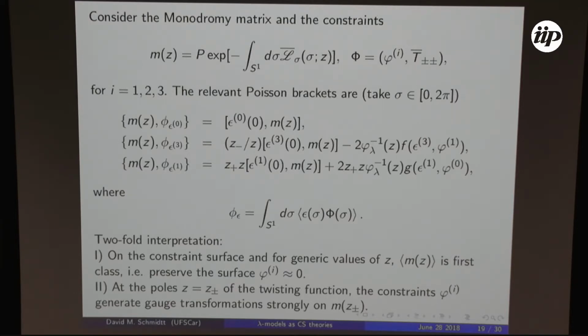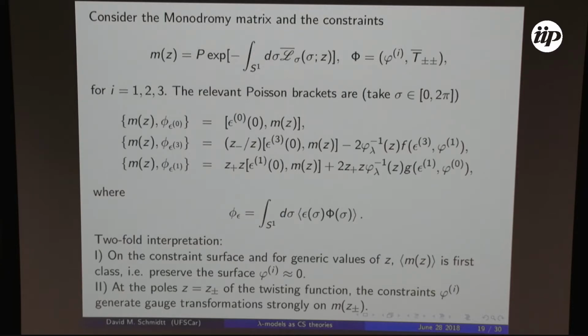The constraints along grade 0 generate gauge transformations because of the form of the commutator, but the phi 1 and 3 don't. They depend on a term that is the inverse of the twisting function, but linear in the constraints. So this phi is this. I put some test functions in order to compute the bracket.